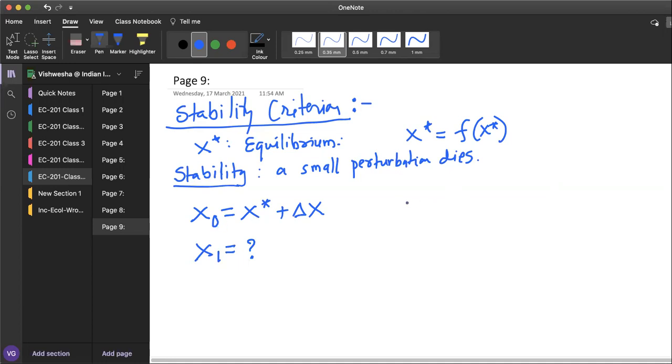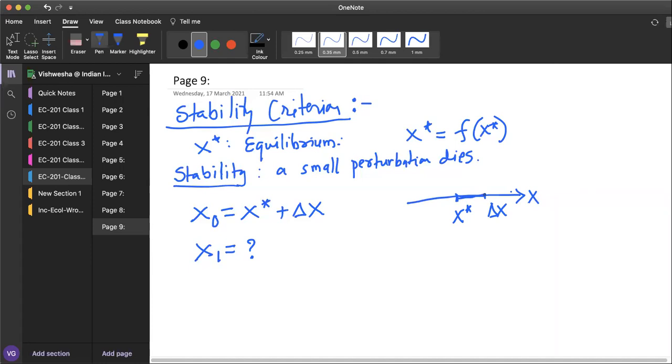Okay, let's now write this graphically. This is X, and this is the value of X star. And then I have made this perturbation delta X. So this is how far I am currently from the equilibrium. Now what happens? We want to find what is X1, right?